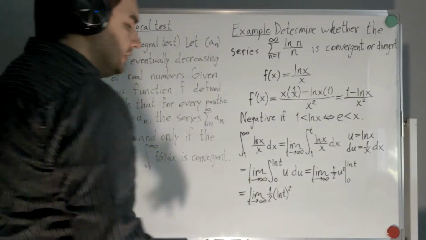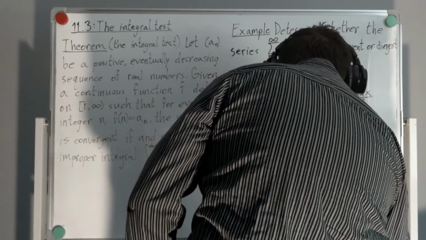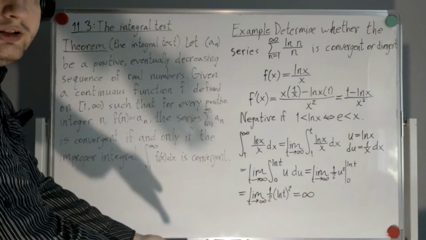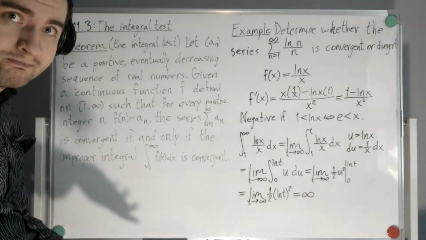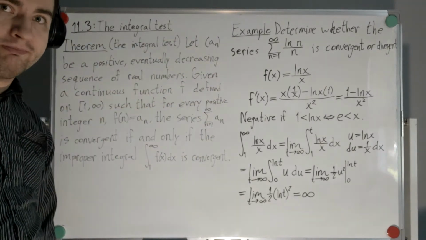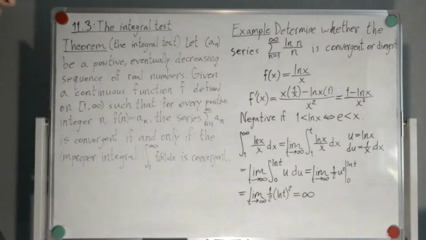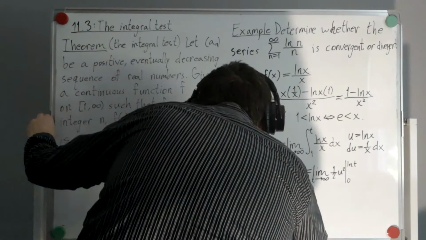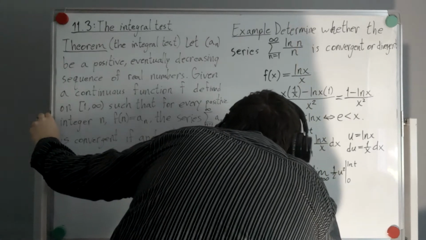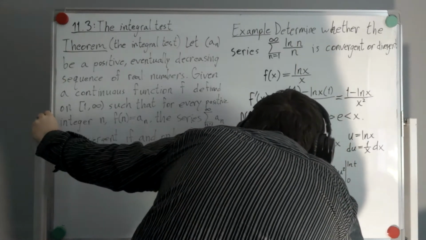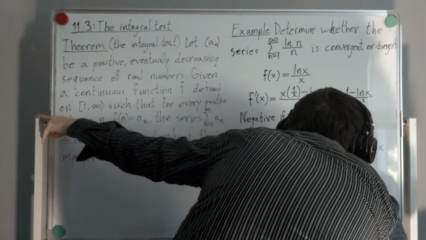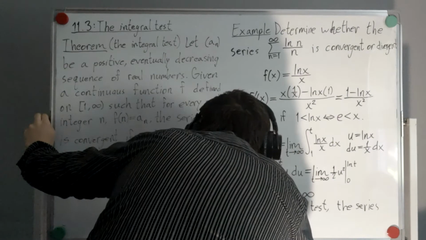And then, of course, as t approaches infinity, this also approaches infinity, which means that the improper integral is divergent. And so by the integral test, that means the series is divergent. Okay? So we can just say, by the integral test, the series is divergent.